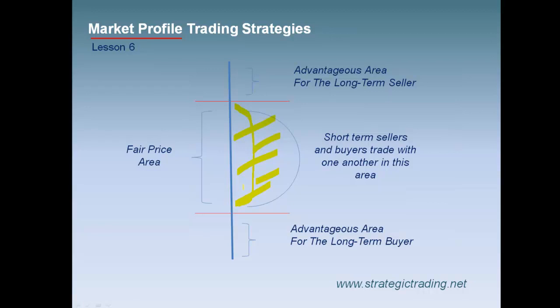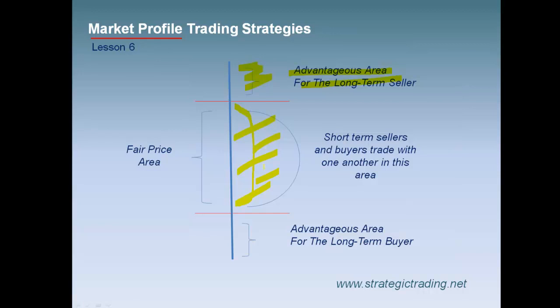So where are we going to see these long-term traders coming into the market at advantageous areas, at the extremes, if you will? So up here, this is the advantageous area for a long-term seller. If they perceive that the price has gone far too high, now is the time for them to come in as a seller, because it's advantageous to sell at this point.